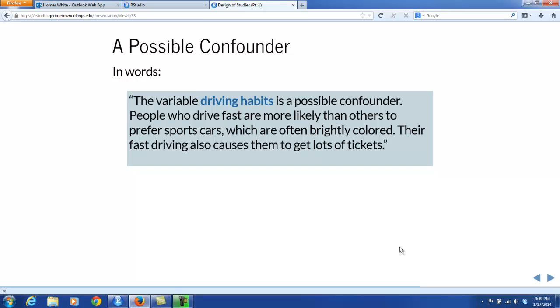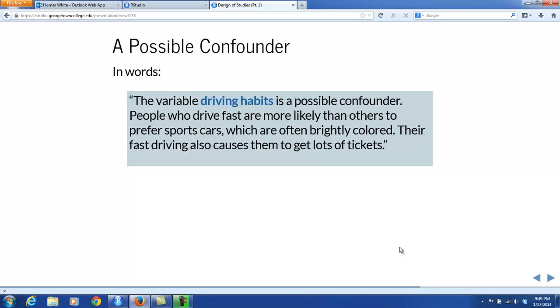So one way to do that in this example might be to say, the variable driving habits is a possible confounder. You find a good name for your variable. Then you might go on to say, people who drive fast are more likely than others to prefer sports cars, which are often brightly colored. What you're trying to do is to back up the idea that driving habits and car color are associated. And then finally, you back up the idea that driving habits cause tickets.